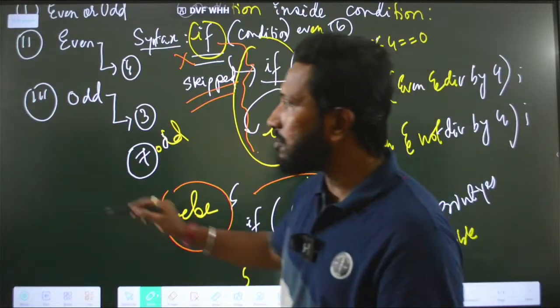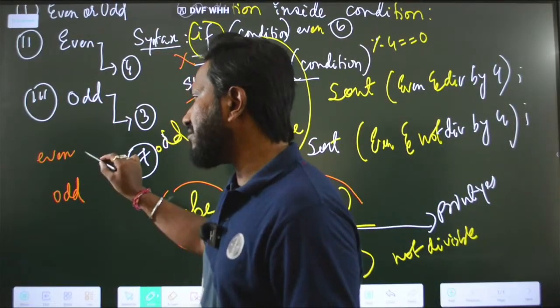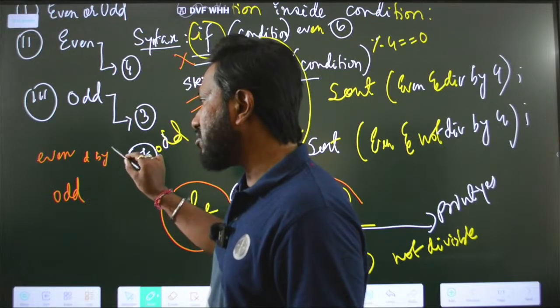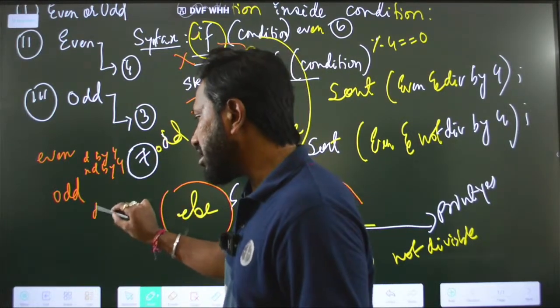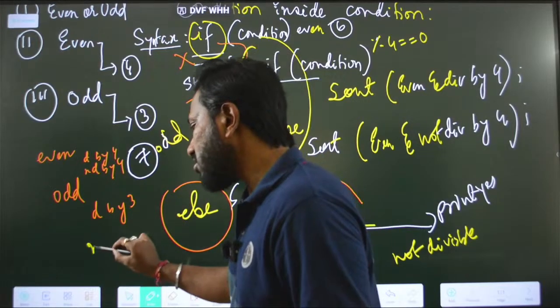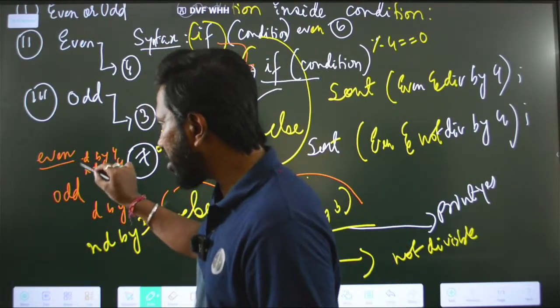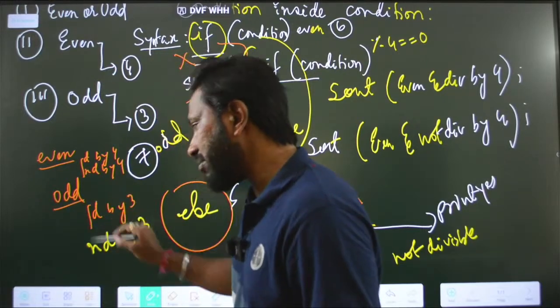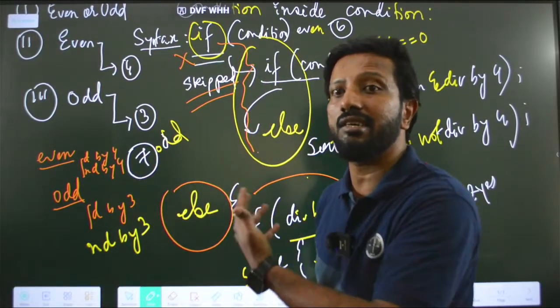So you can see, even, odd, if even, divisible by 4, not divisible by 4, odd, divisible by 3, not divisible by 3. So here you can see even, then we have a branching, odd, then we have a branching. So condition inside condition, that's why it is called a nested if else statement.